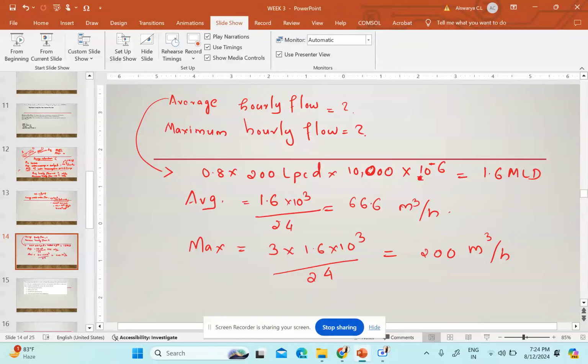Accordingly you should build a bigger one to accommodate that water flow also. Okay. You guys got it, this one?